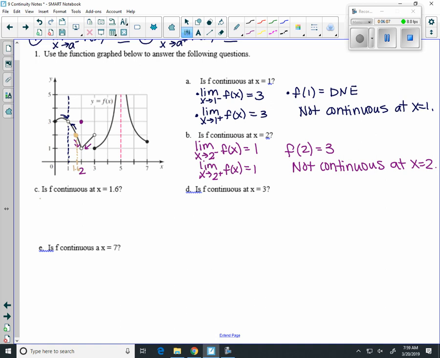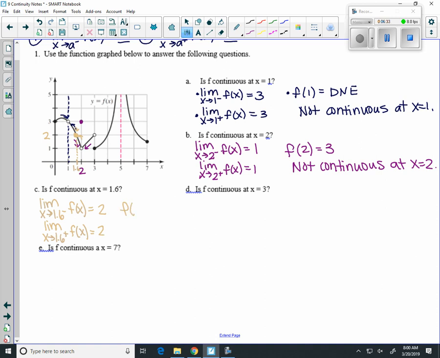So there, the limit as x approaches 1.6 from the left of f of x. As we go from the left, we're going to 2. The limit as x approaches 1.6 from the right of f of x, there, we're going to 2 as well.